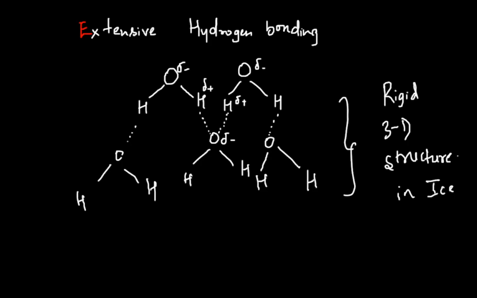Next, what happens when melting takes place, that is from solid to liquid? This hydrogen bonded structure partially collapses. When you increase the temperature, you are increasing the thermal energy, and when you increase the thermal energy, weaker bonds break. These intermolecular forces of attraction are weaker in nature, and that is why they break.